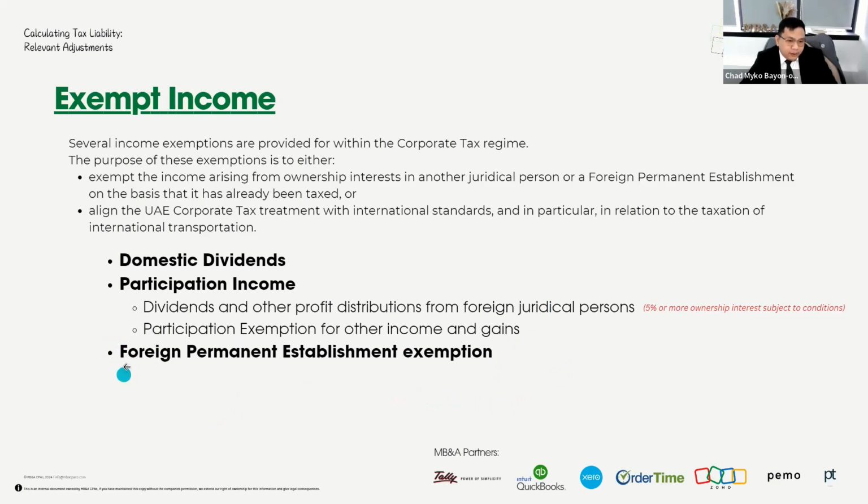Now, the third one is foreign permanent establishment exemption. For example, if your company has some branches or companies in other countries, and they have a permanent establishment in those countries as well, normally what happens is that in that certain country, they will be taxed there.